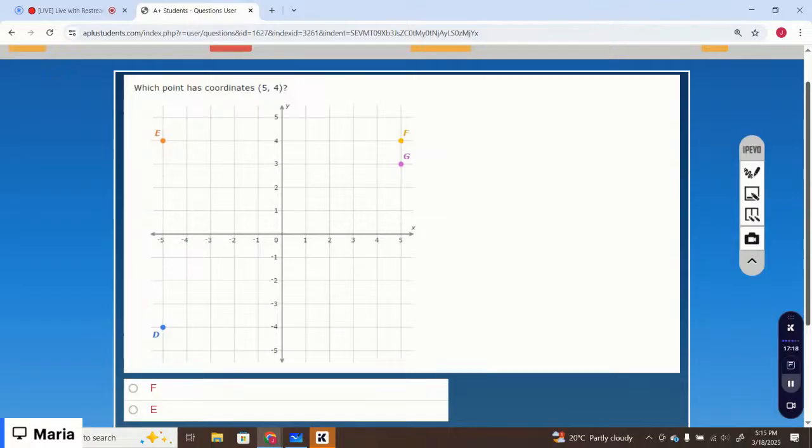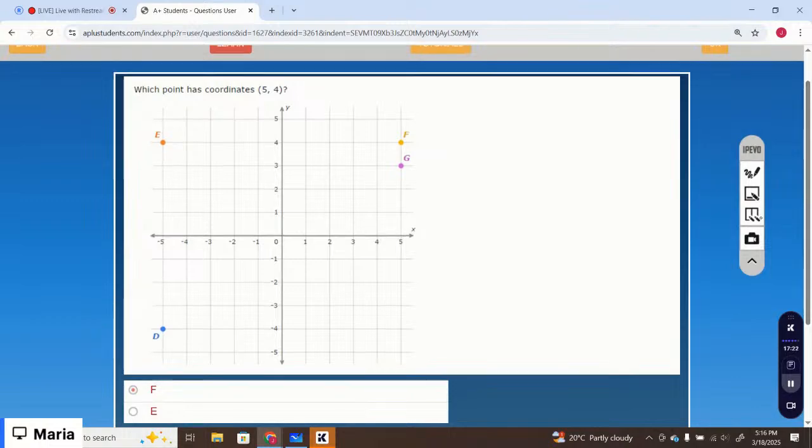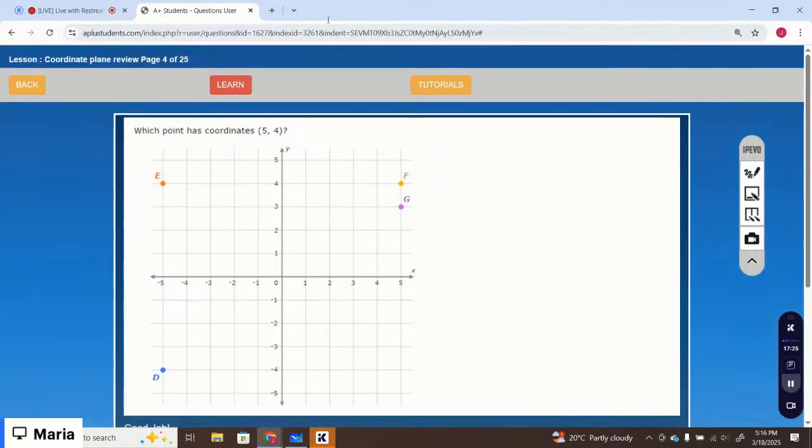So here is x 5 and y 4. So F has the coordinates 5 and 4. Option number 1 is the correct option.